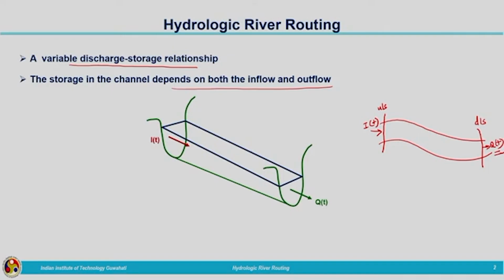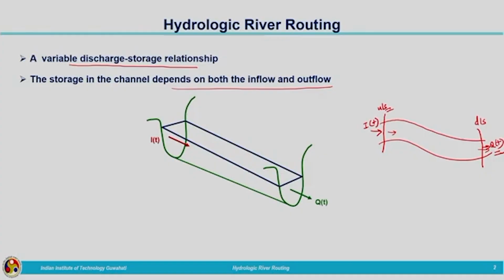For that, we will be considering a reach length of the river or channel for which we need to carry out the flow routing. In that river, at the upstream section, we will have the inflow hydrograph. Through the upstream section, the flood wave enters the river and passes through the downstream section.